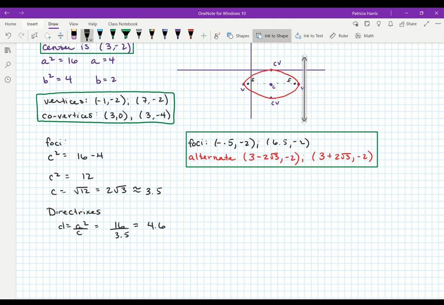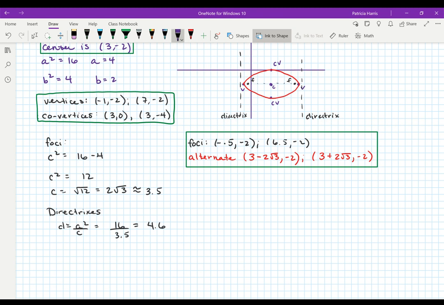So it's going to be, oh, that looks really bad. Let's get rid of that. And there we go.